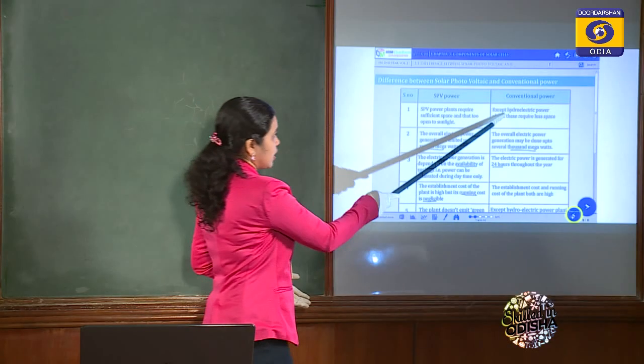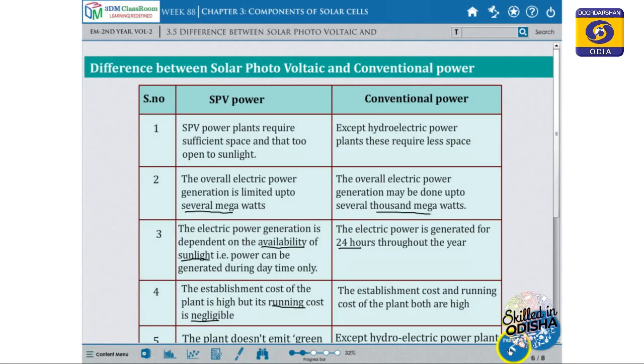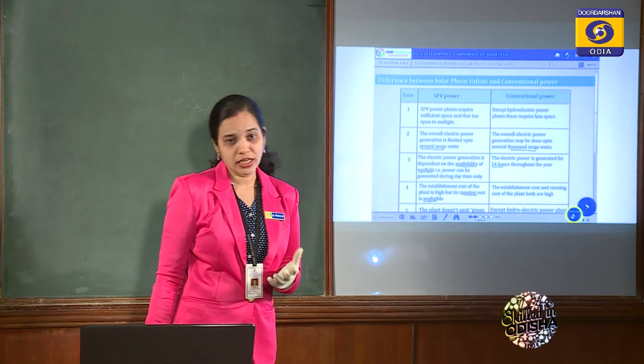But in conventional power systems, except hydroelectric, plants using coal and plants using petroleum need less space for installation. But a hydroelectric power plant requires more space.